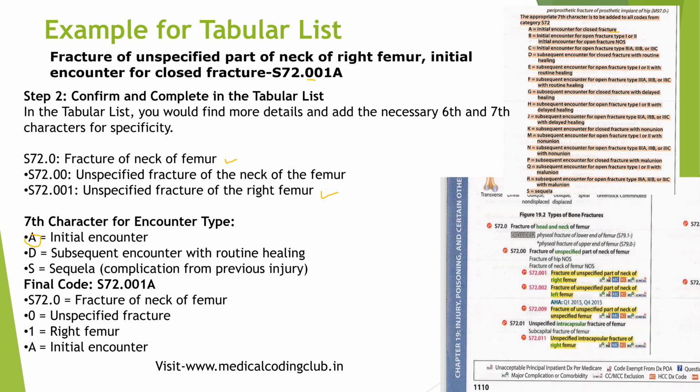Likewise, you can go to the alphabetic index and see what medical terms are listed, and come back to the tabular list, where the codes are organized chapter-wise, system by system. You can verify from the tabular list which chapter it belongs to, go to that chapter, and pick the code.